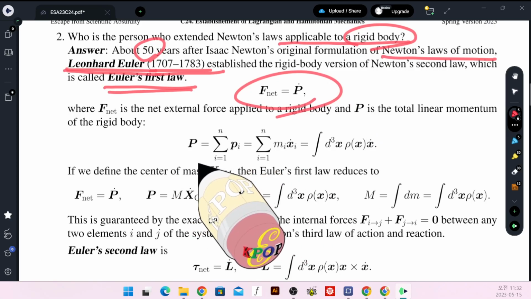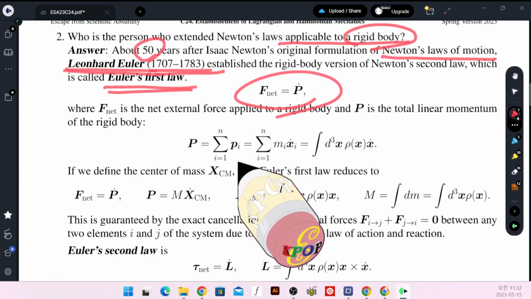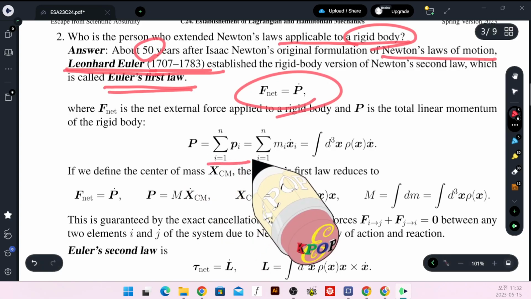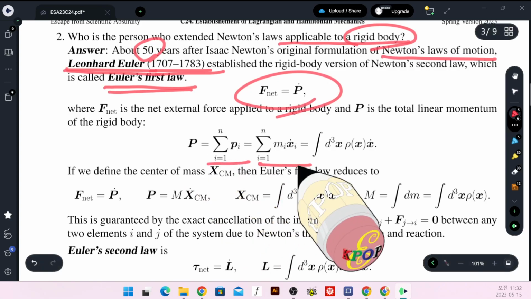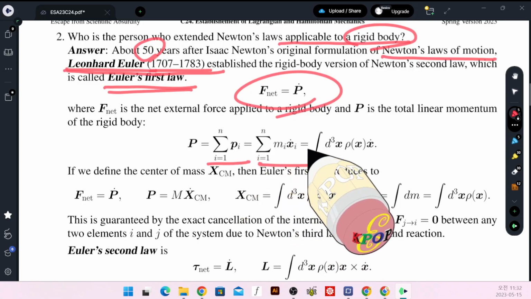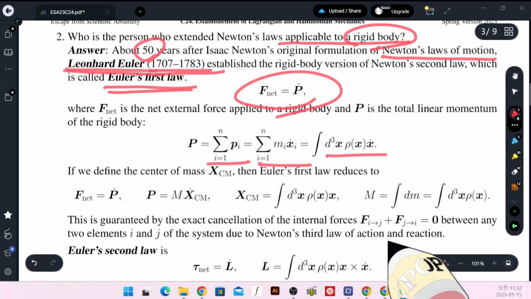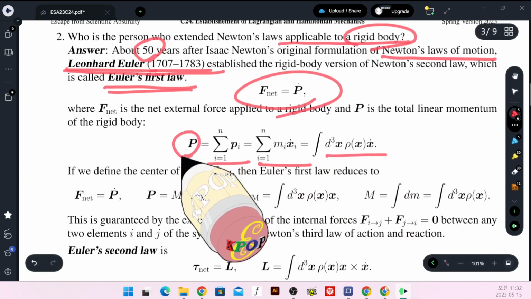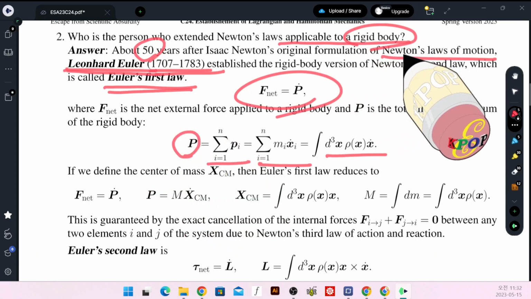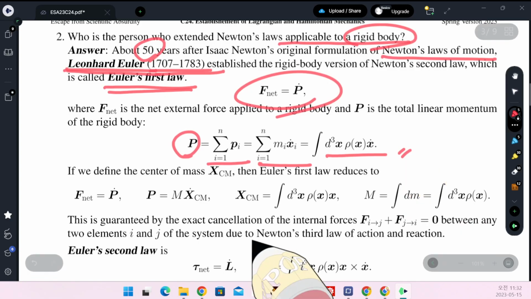We have considered the fact that the linear momenta of many-particle systems can be expressed as a sigma notation or the integral form. So this total linear momentum can be generalized to a rigid body using this formulation constructed by Euler.